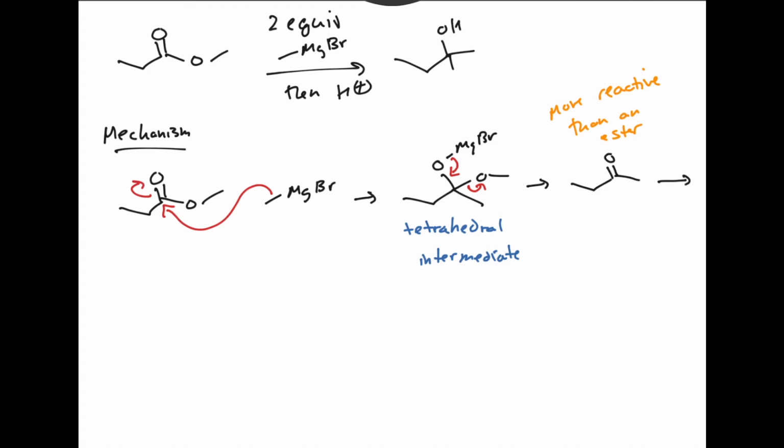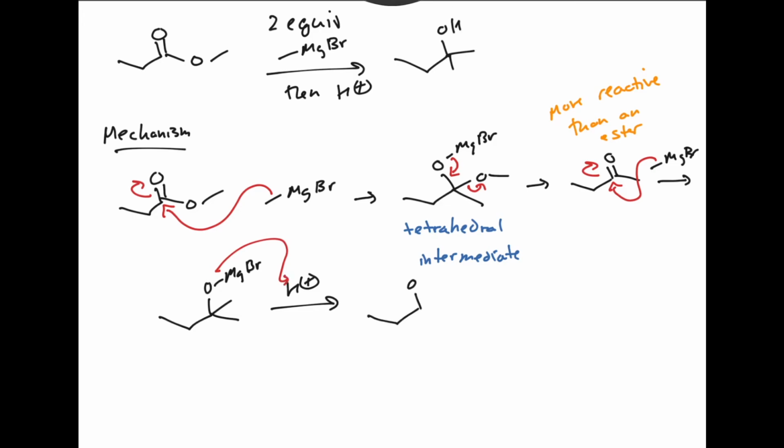So you're going to have your Grignard reagent add to your carbonyl carbon again. Then when you add your H+, you're going to protonate your oxygen and get your tertiary alcohol.